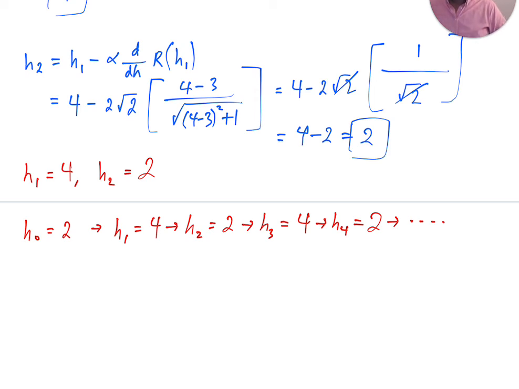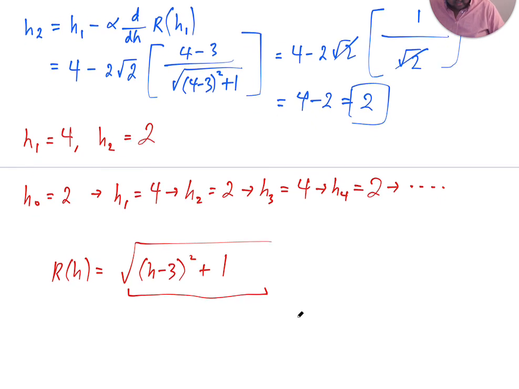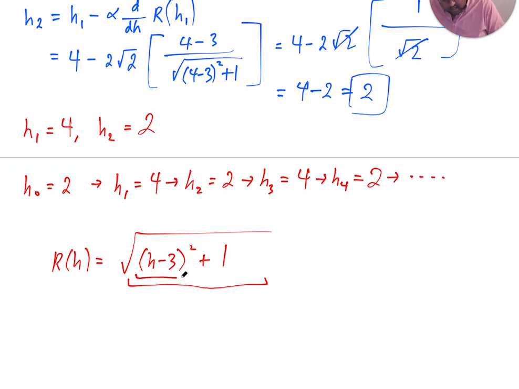And so, gradient descent in this case is going to keep bouncing back and forth between guessing 2 as the minimizer and 4 as the minimizer. But neither of those are the true minimizer, right? If we look at the function we're trying to minimize, it's not an x, it should be an h. We know that the argument to a square root function has to be non-negative. And in fact, one of the pieces in here is something squared.